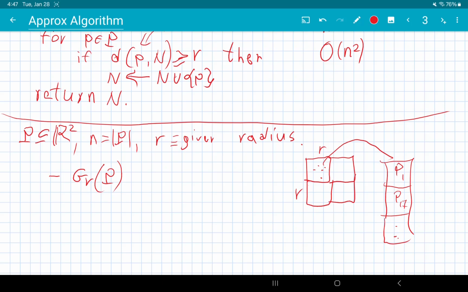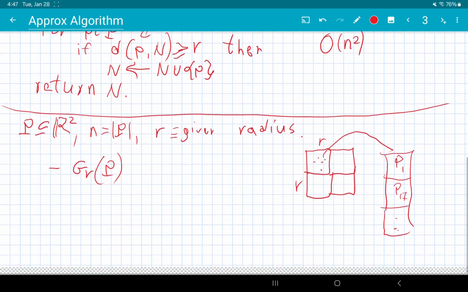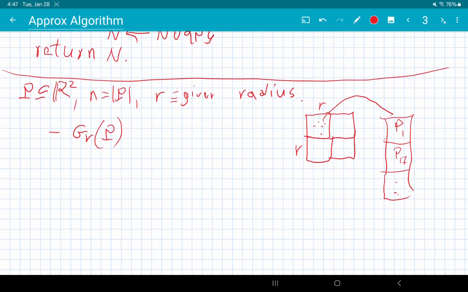Okay. So now let's think about what we want to do. Well, we want to run the same algorithm as before. To this end, I'm going to maintain for every point a distance. So there's going to be d of p, and d of p is essentially going to have two values.